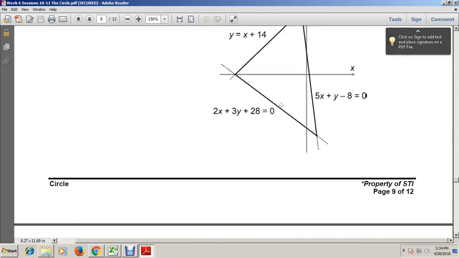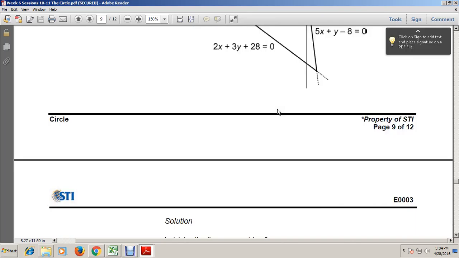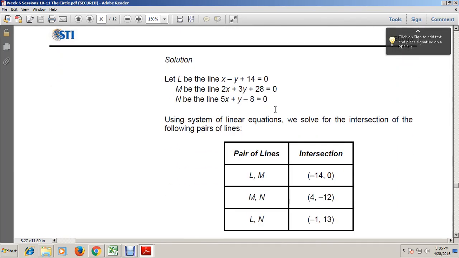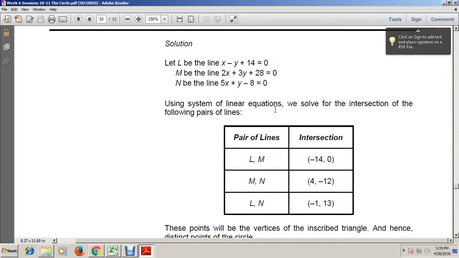Okay, so to make things easier, let me present some of the notations that you will be using. Let L be equal to the first equation, let M be equal to the second equation, and N be equal to the equation of the line for the third equation. Now you can see here that the points of intersection are already given, but that is actually not the point. The point is how we arrived at the given intersections.